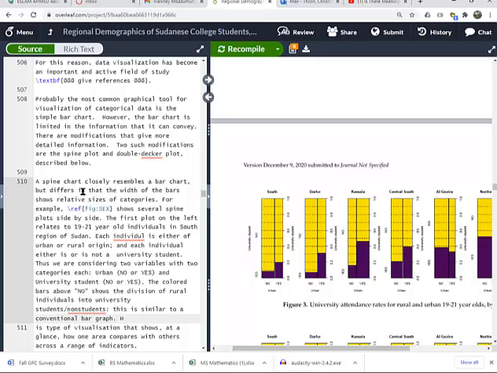However, the width of the no bar is proportional to the number of rural individuals, while the width of the yes bar is proportional to the number of urban individuals.